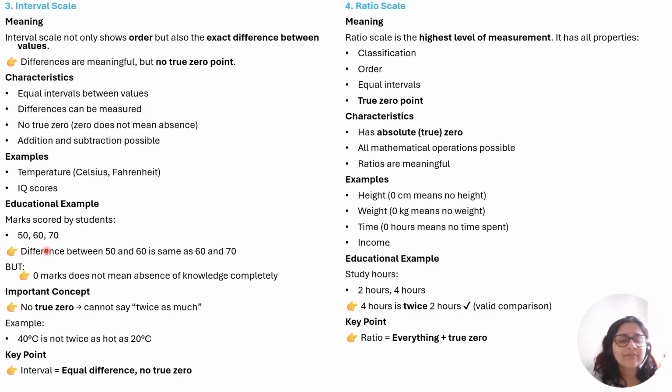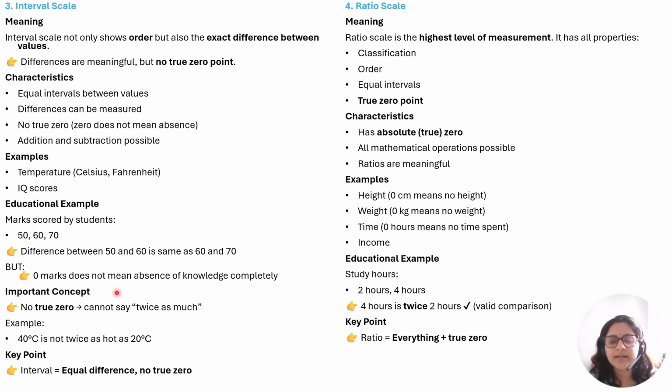But if a person has scored 0 marks, that does not mean he is a dull student. Here it is written no true 0 point. That means 0 marks does not mean the absence of knowledge completely. Even if a person gets 0, that doesn't mean he doesn't have knowledge at all.